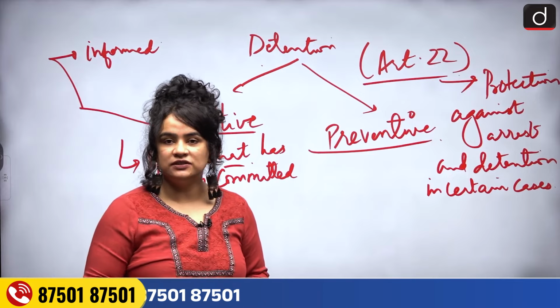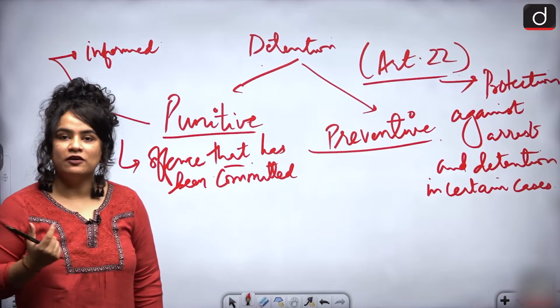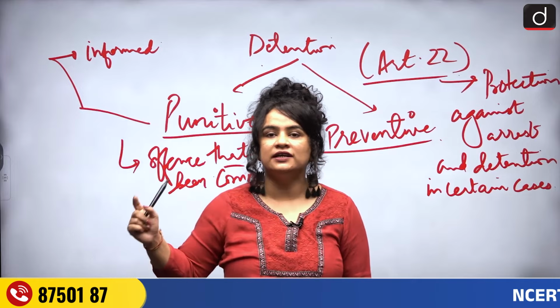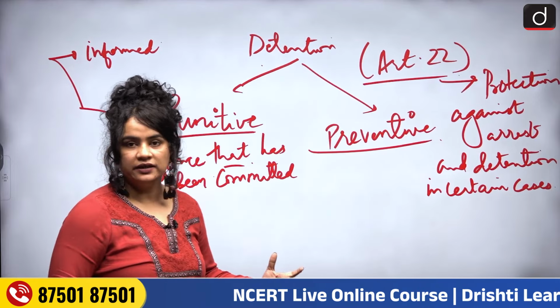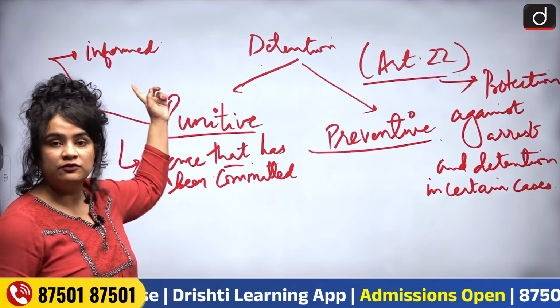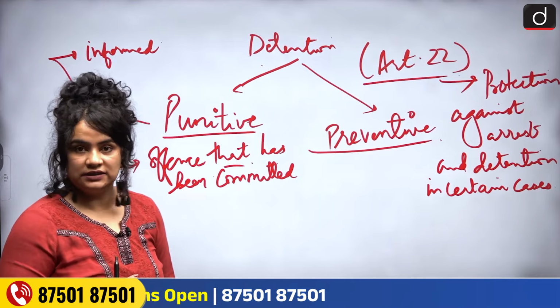Even if you check the news recently, you see that this case has risen up where the government did not bother to inform the accused or the arrested person's wife about the grounds of that person's arrest, right? This is a fundamental right. One has to be informed about the grounds of their arrest, why they are being arrested.